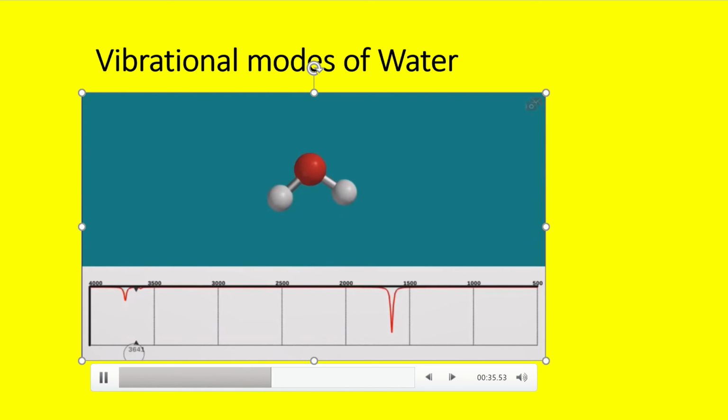Then if we move on to 3607, it's another type of OH stretch, but this is a symmetric OH stretch. So that's another place where this molecule absorbs IR energy.